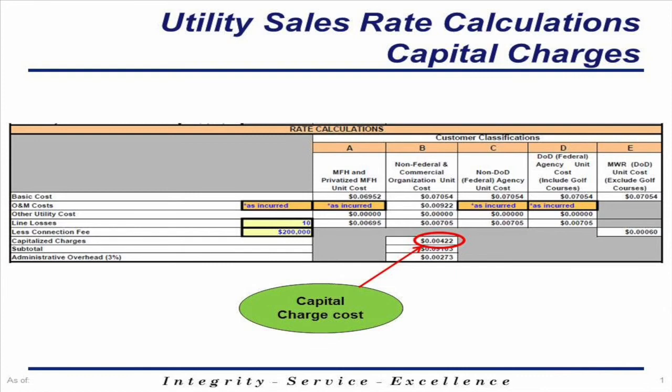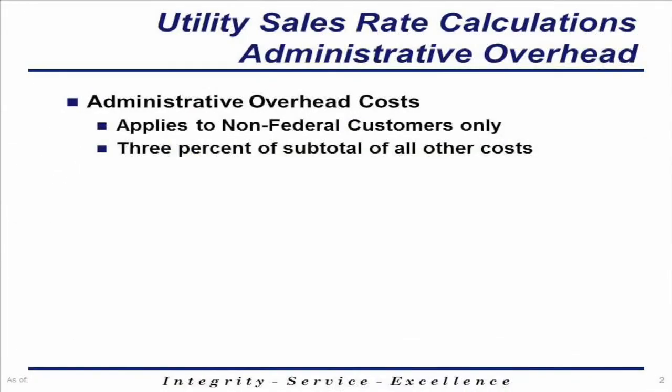Here you can see the example 3556 for electric service, and the capital charge element is calculated by the form and shows up right there. Here we'll discuss the administrative overhead cost. That's included in the utility sales rates for non-federal customers.